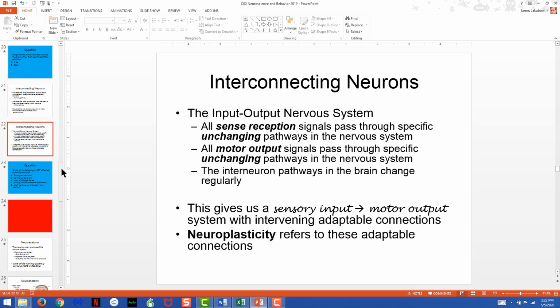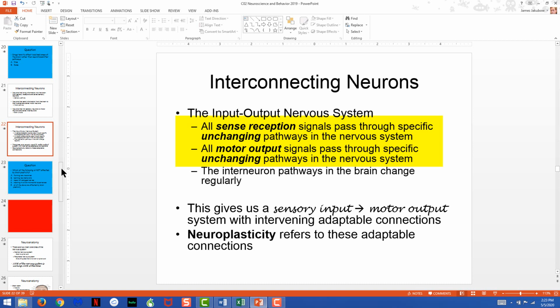So when you take a look at this whole process that I'm describing, the input pathway and the output pathway, there are a variety of basic rules that you have to absorb to make sense of the brain. First of all, your sense reception is going to pass through unchanging pathways in the nervous system. That is, the pathway from a touch receptor in your index finger through the entire pathway up to your brain is the same pathway it was from the day you were born until the day you die.